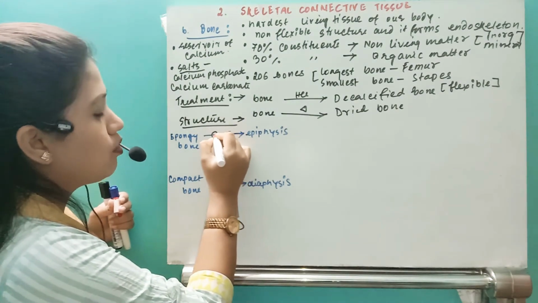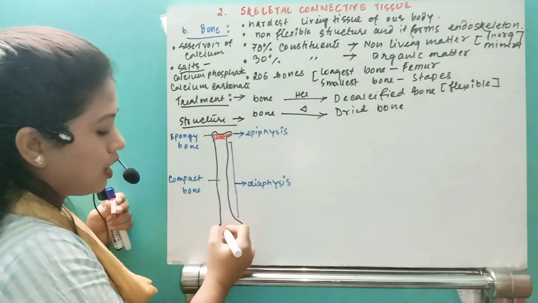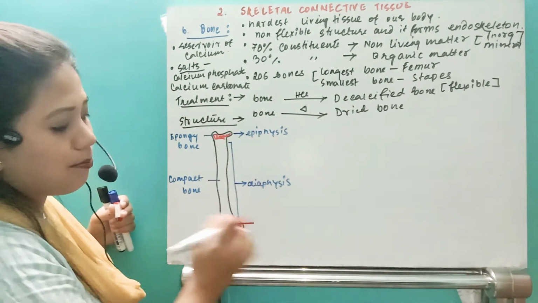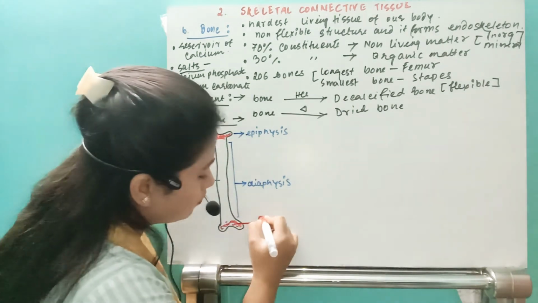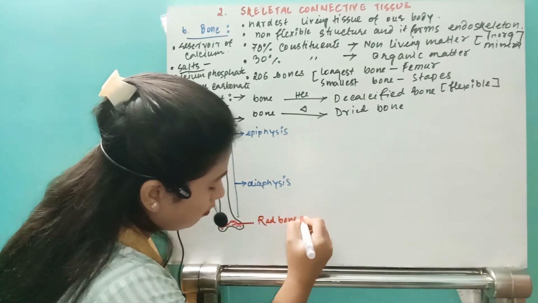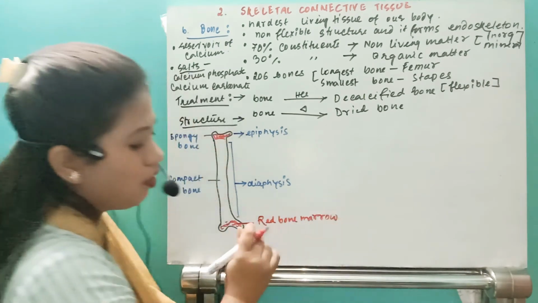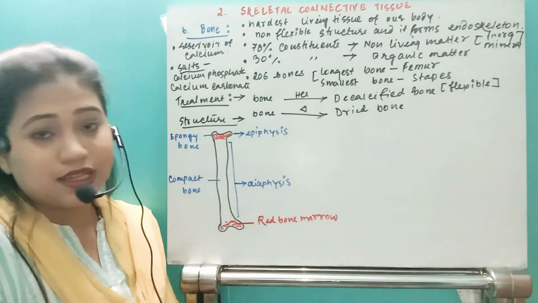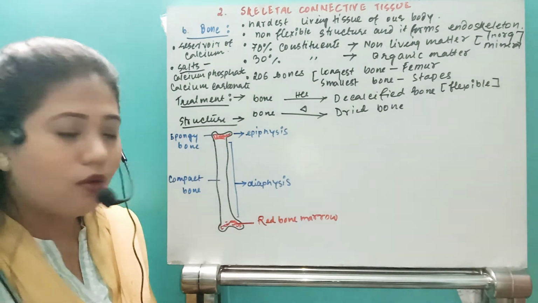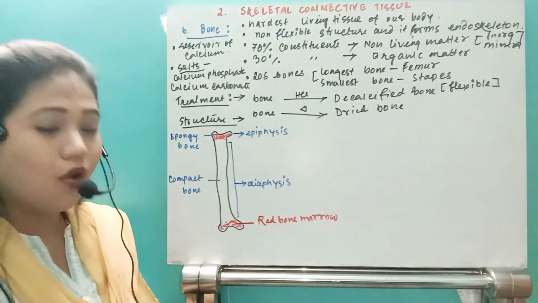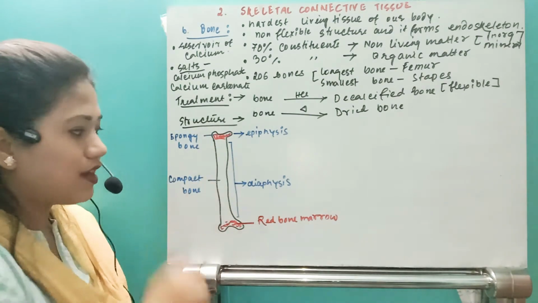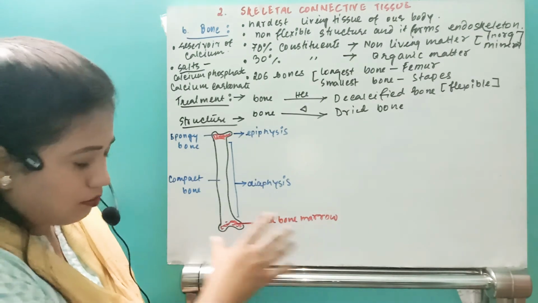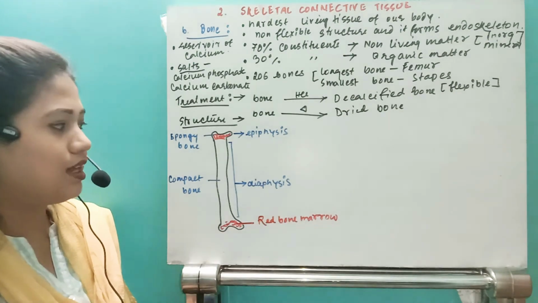I will explain what the trabeculae are, but here the marrow will be red bone marrow. So in this epiphysis region we are going to have the red bone marrow, where all the blood cells, RBCs and WBCs, are formed. Only the ends, the epiphysis of a bone, will produce the red bone marrow, which forms the RBCs and WBCs.